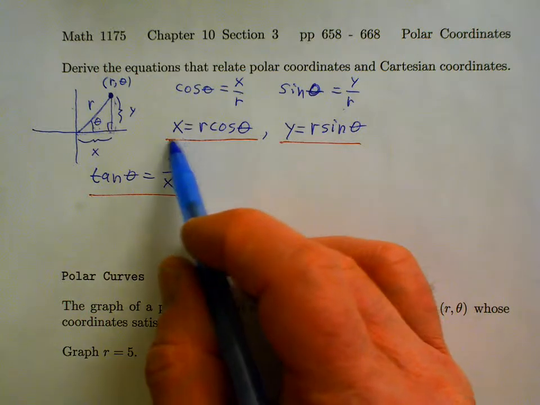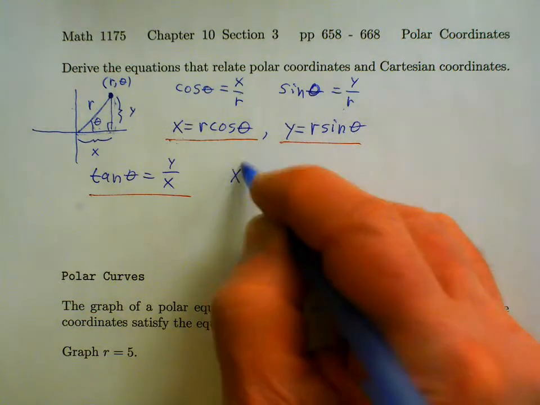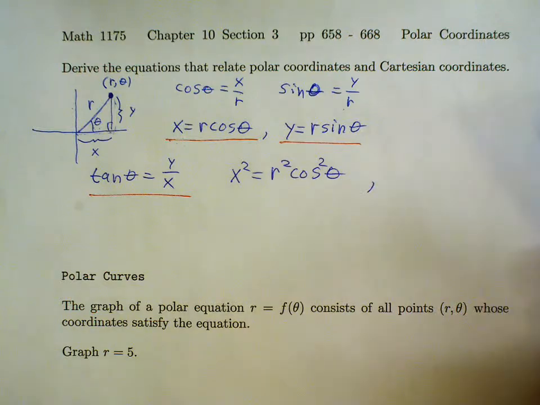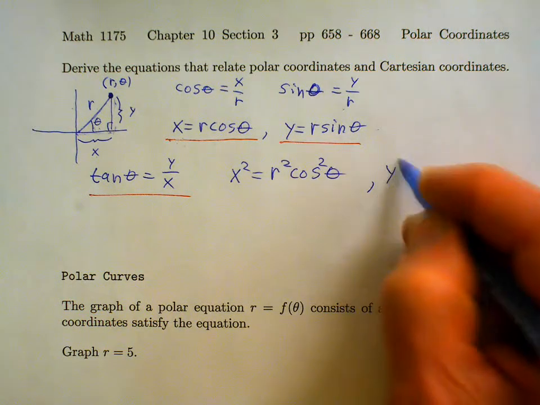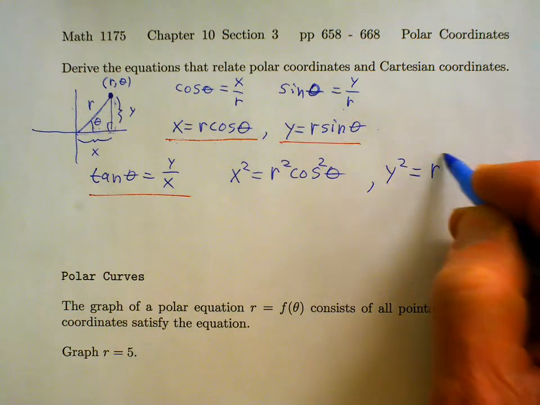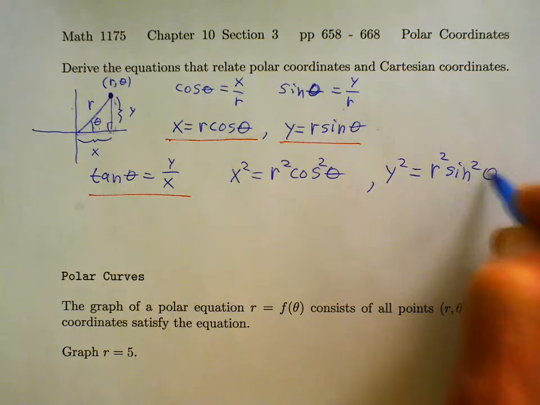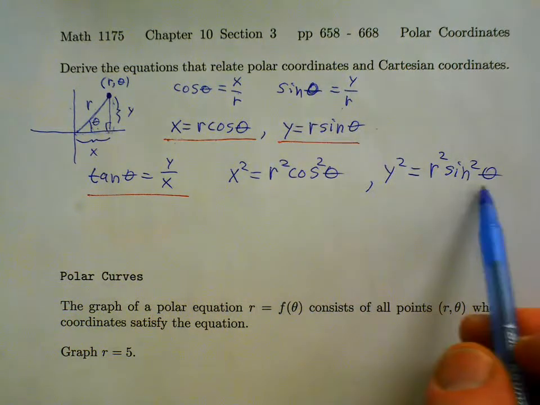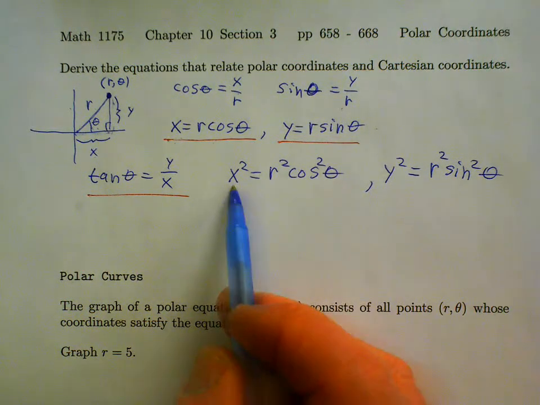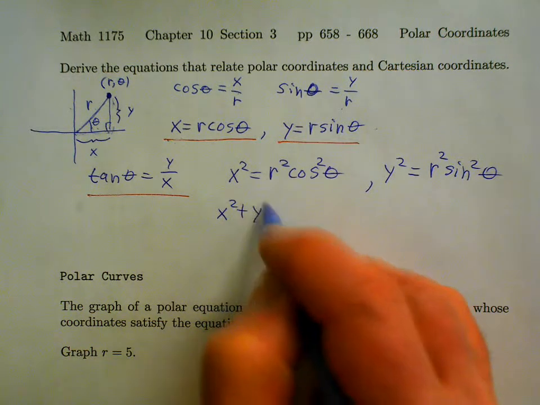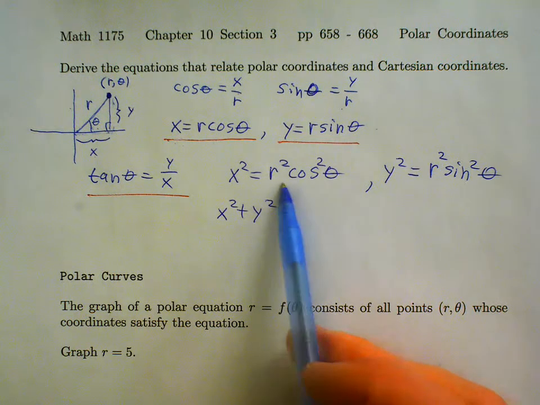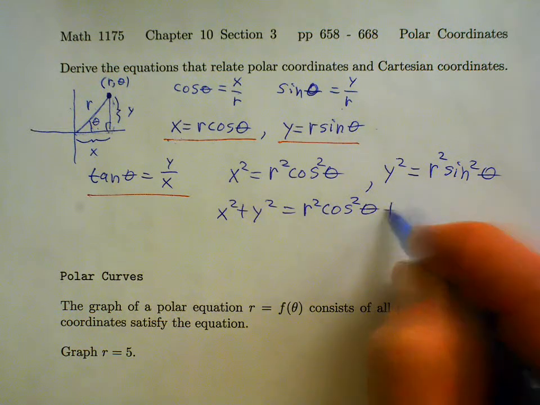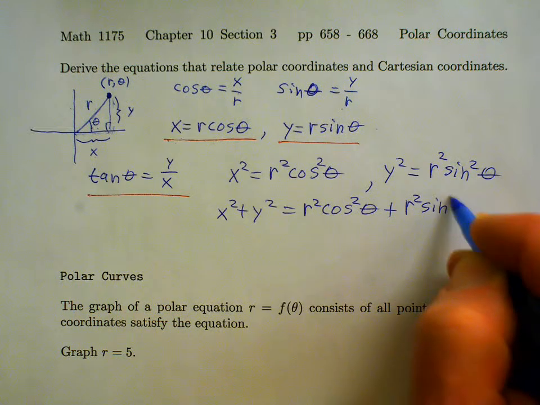If we square both sides of this equation, x squared equals r squared times cosine of theta squared, and if we square the other equation, y squared equals r squared times sine of theta squared, and then if we add the two equations together, so we'll add the two left-hand sides, x squared plus y squared, and that will be equal to the sum of the two right-hand sides, so r squared times cosine of theta squared plus r squared times sine of theta squared.